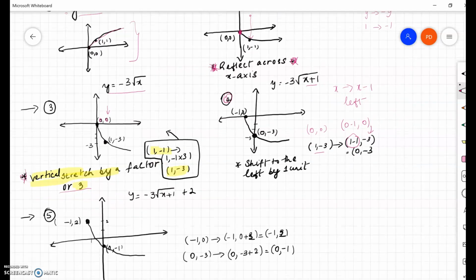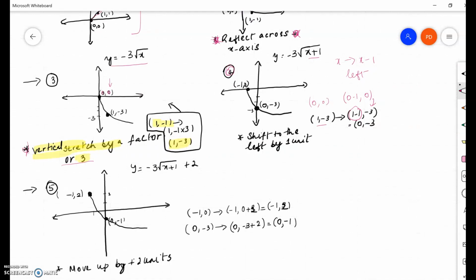Now finally, we need to add 2 to the previous equation, which means we shift the previous graph up by 2 units. So when we shift the point -1, 0 up by 2 units, it's vertical, so the y coordinate gets affected.